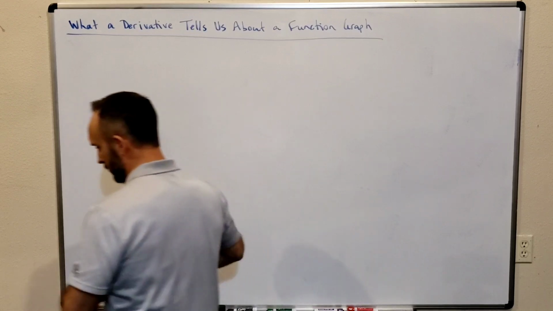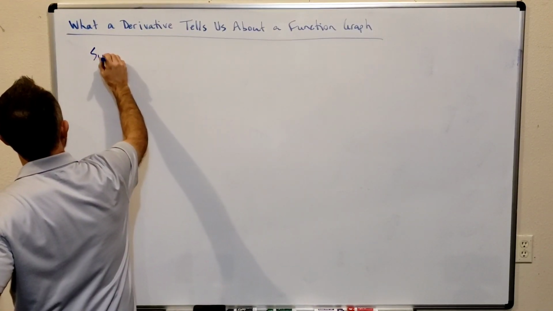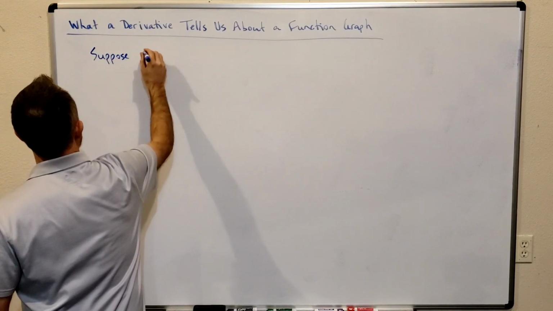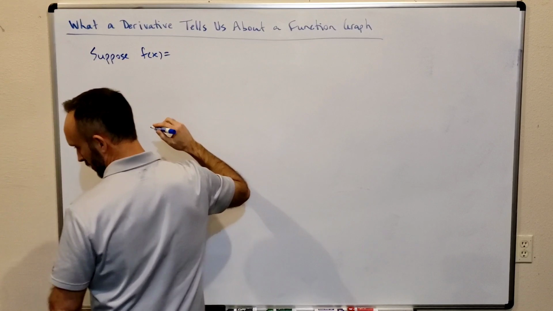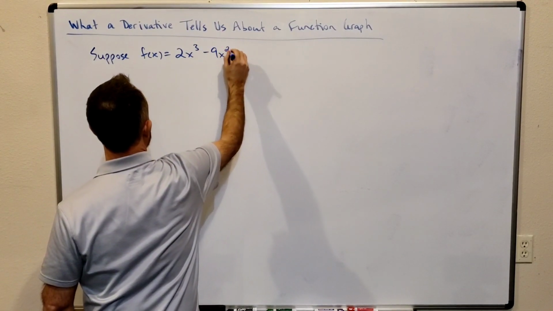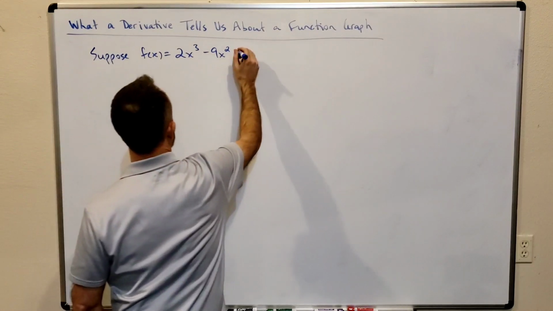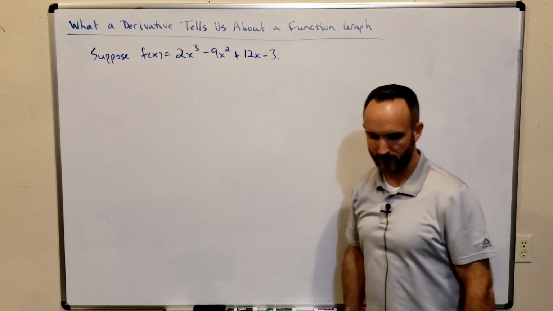So let's suppose f of x equals 2x to the third minus 9x squared plus 12x minus 3. Okay?